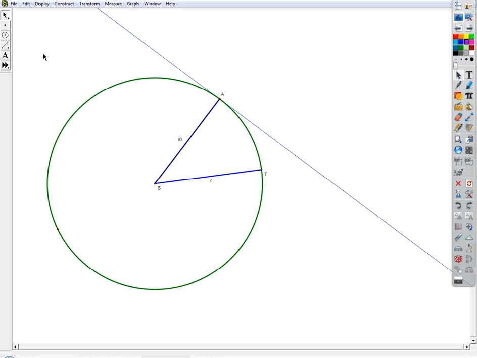For my velocity vector I need to pick a fixed length. Let's just say the velocity is this big.